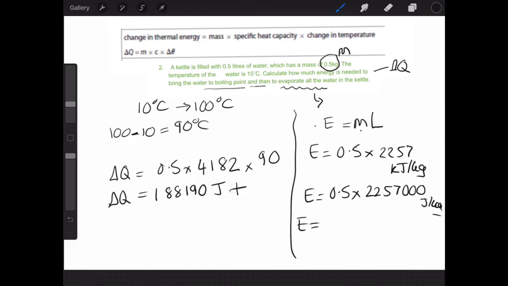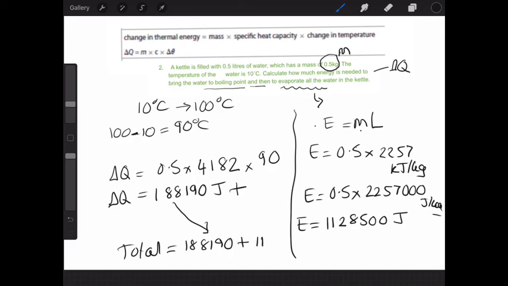When I do that on the calculator, I get 1,128,500 joules. And then the total energy in this question will be what I got in the first part and the energy needed to change the state in the second part.